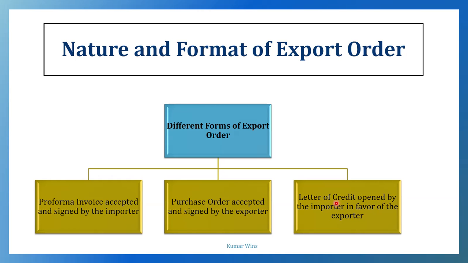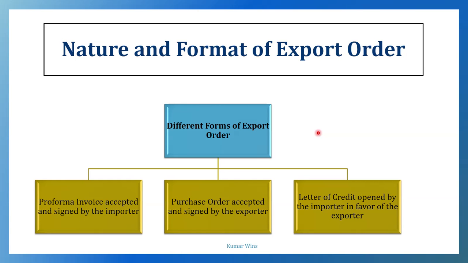Basically the LC, I mean the letter of credit, is an instrument of payment, but the major terms and conditions of shipment are mentioned in it, and it enables the exporter to start processing of the export order. So even an LC can be treated as an export order. This export sales contract in itself is a good topic to discuss, and I will try to cover this subject sometime in future.